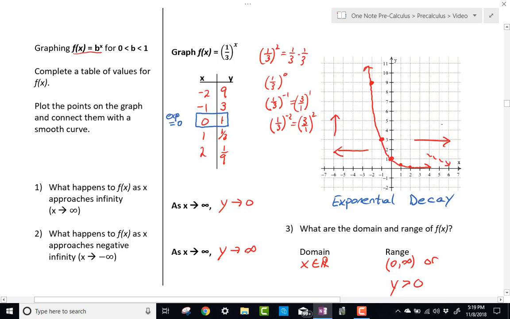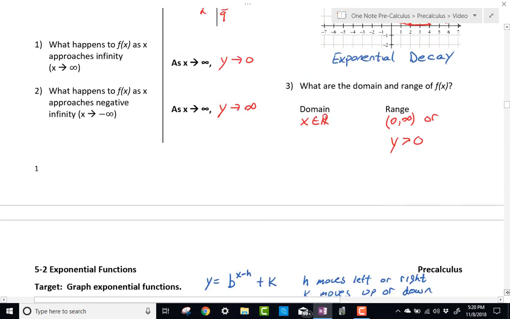Well, the y value was not 0. You can see that there was no plus or minus k on the outside here. The y value was 1. That's this point right here at 0, 1. So when we talk about a shift, we're talking about shifting that point right there, left or right, up and down. So just kind of watch as we go through here.